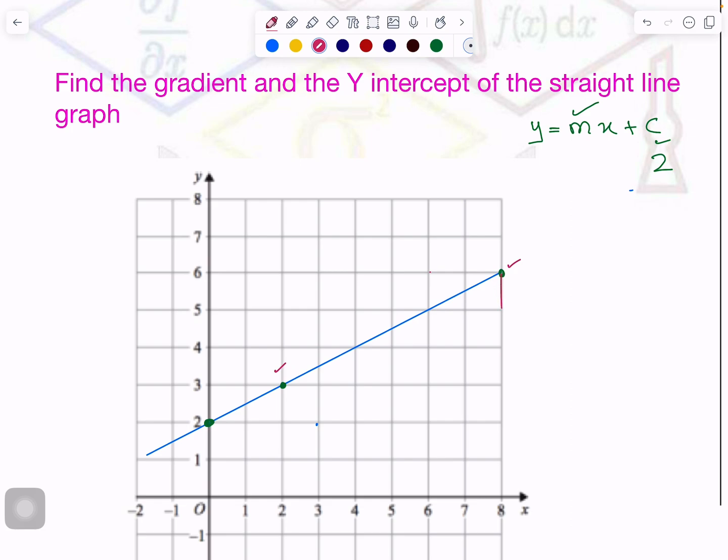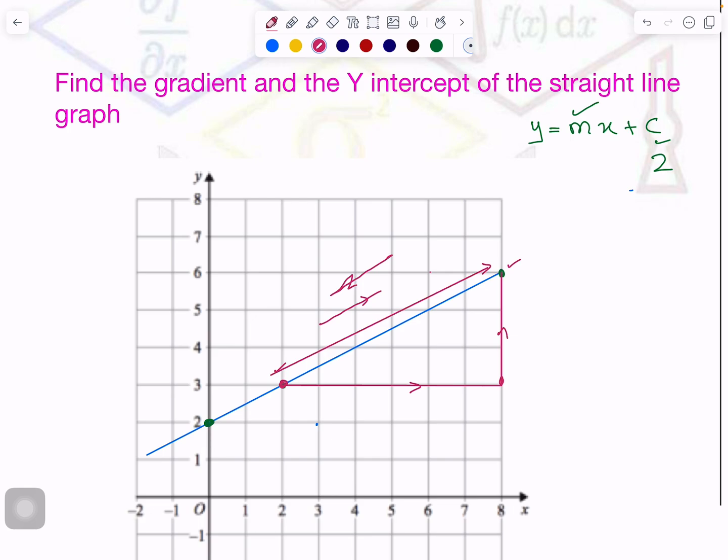So from this point, if I draw the line here, and if I draw the line here, right? And then from here, you are going up to reach here, because you are going from this point to this point. Suppose I'm imagining I'm going like this rather than like this.